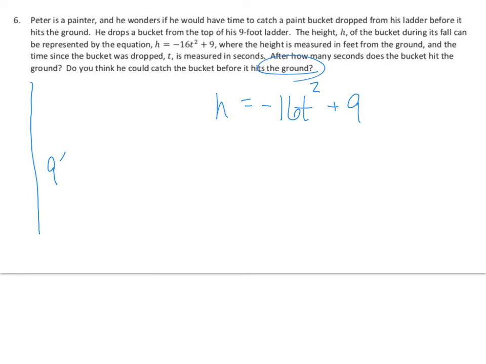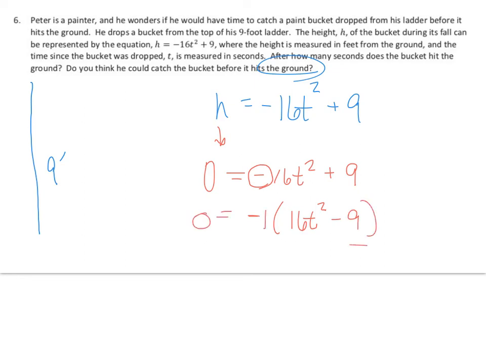So when it hits the ground, our height is 0. And I hope you guys have learned by now, that if there's a negative there, I want to factor it out. So I have 0 equals negative 16t squared plus 9.